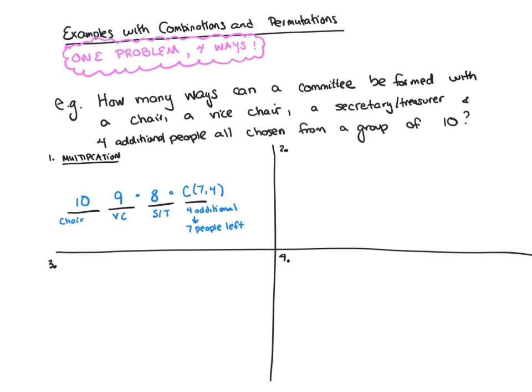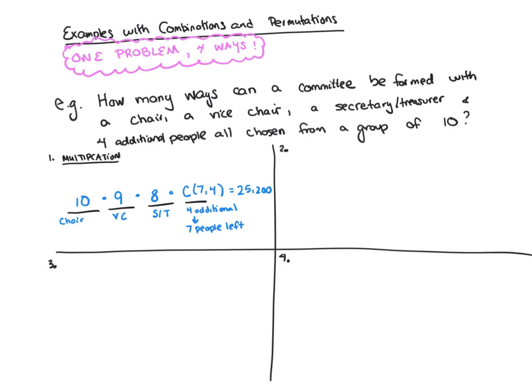So if I multiply 10 times 9 times 8 times C7 4, then we'll get the number of ways to choose this committee. And that turns out to be 25,200. You can check that on a calculator or on Desmos. Okay, so let's try a different way.